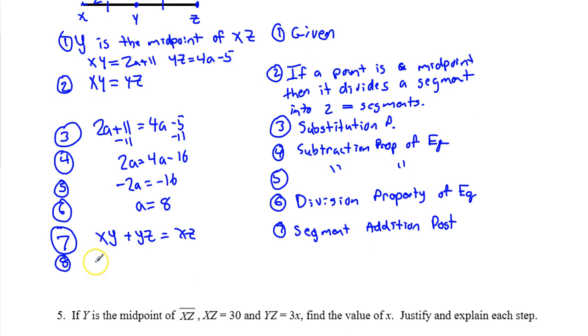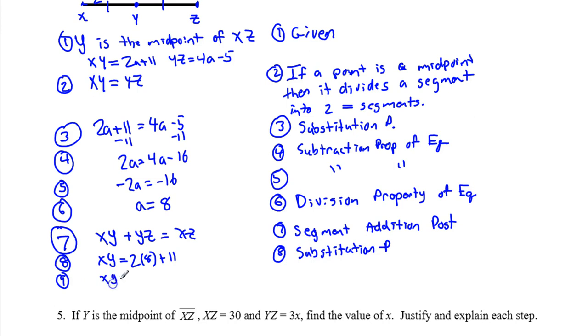So what's xy going to be? Well, xy is going to equal 2 times 8 plus 11. That was substitution. Now we're going to simplify that.